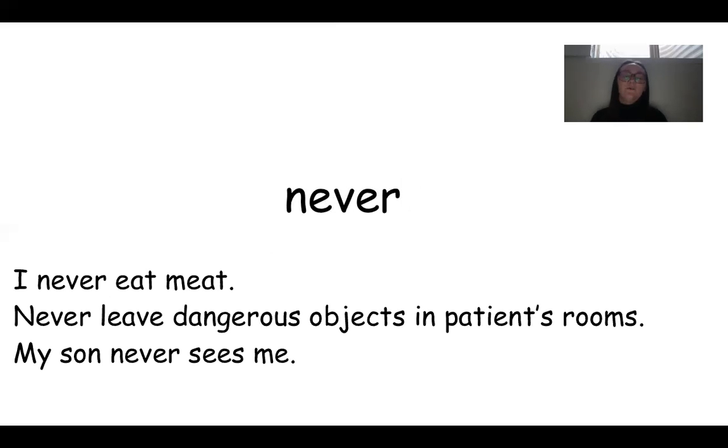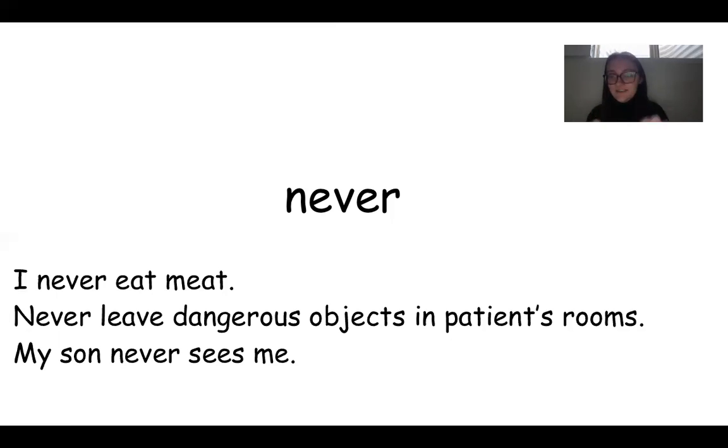Never. So never is what we use in English. This is kind of a long explanation, but I never eat meat. If you said that, that means that every time you eat food, you do not eat meat. People will use never just to make sure that you do not ever do it.